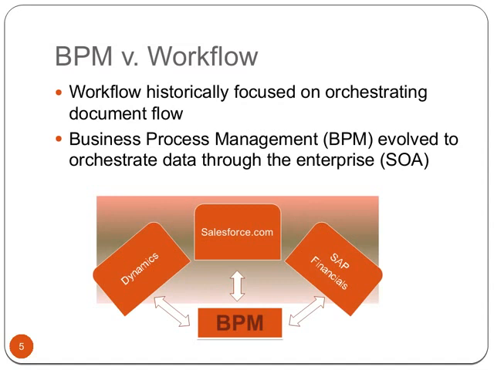In my little graphic here, we can see that you could have information in Dynamics being picked up by BPM and flowing to SAP financials at a world headquarters, for example, or Salesforce.com sales information and CRM information might be flowing up to financials or flowing back to Dynamics.